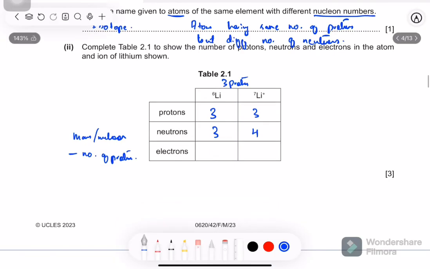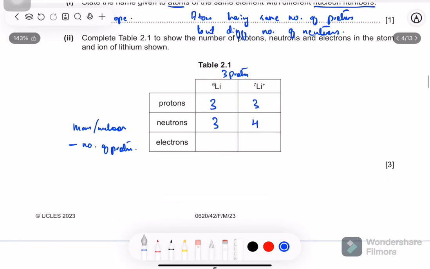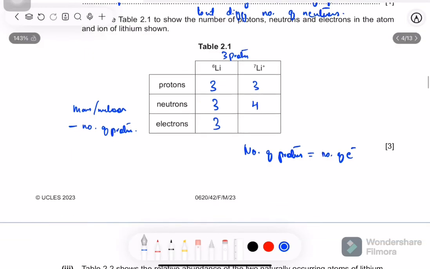Now for the number of electrons in a neutral atom having no net charge, it will always have the number of protons same as the number of electrons. So 3, 3, 3. For an ion, however, you have to look at this carefully. An ion means it has a charge.